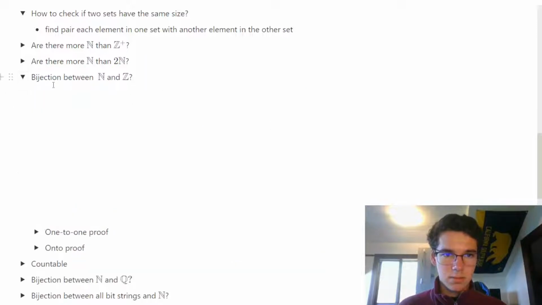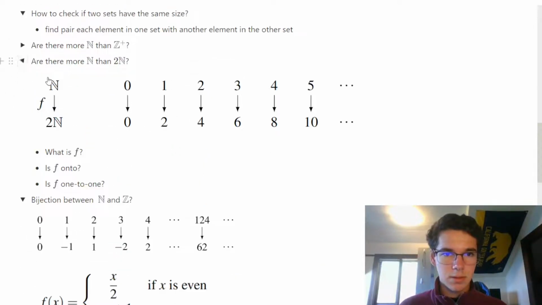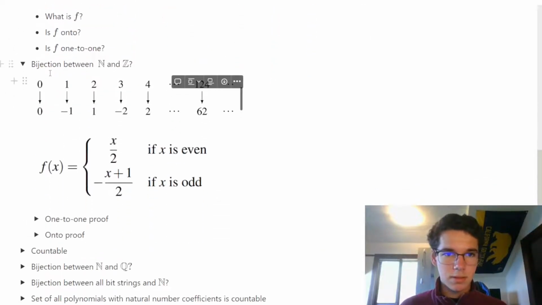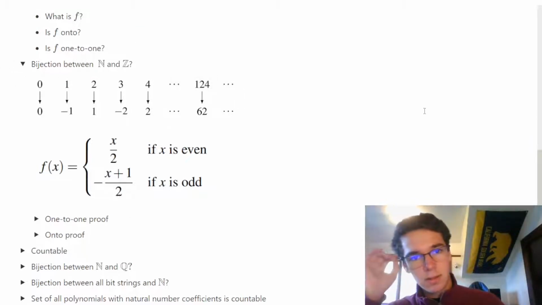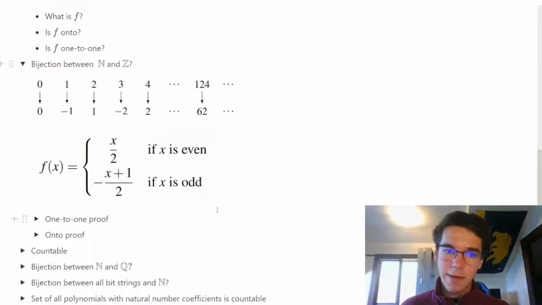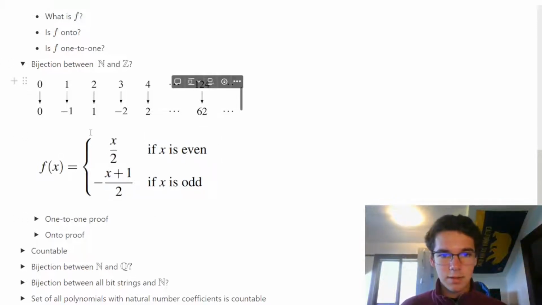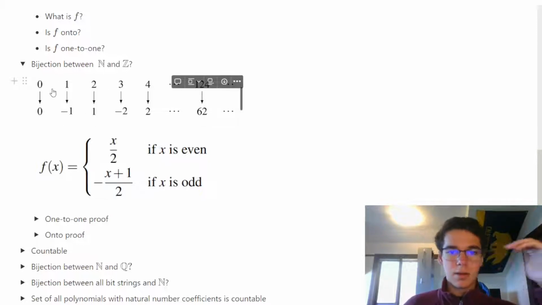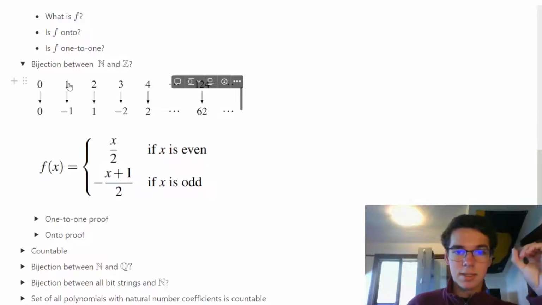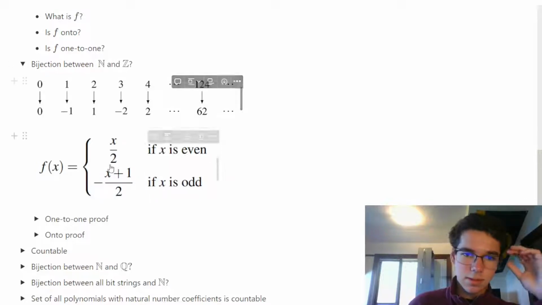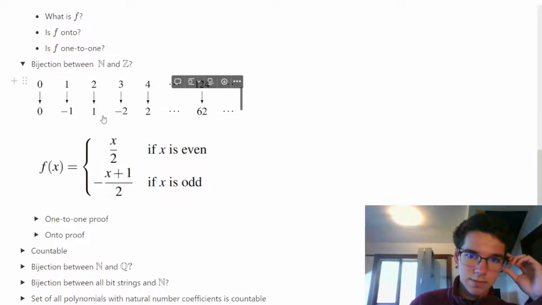It's a little easier to see with this, but we can also show that there is a bijection between the set of natural numbers and the set of integers. And our function f is going to be this, where if we have an even number, then we're just going to divide our x by 2, and if the number in the natural numbers is odd, then we're going to add 1, divide by 2, and then put a negative in front of it.